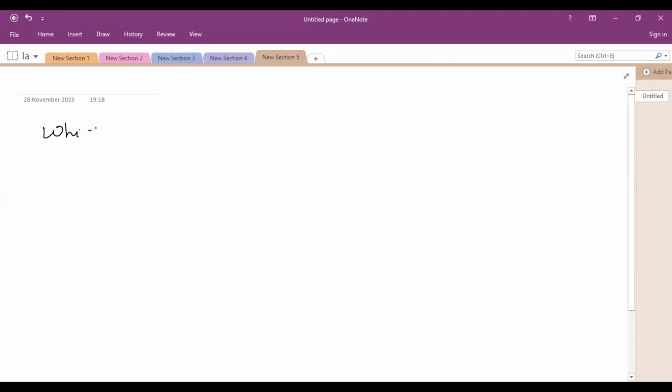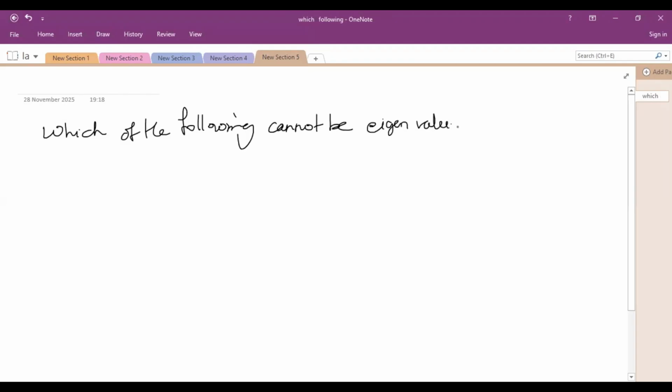Okay, so which of the following cannot be eigenvalues of real 3x3 matrices? We have 4i, 0, 4i.